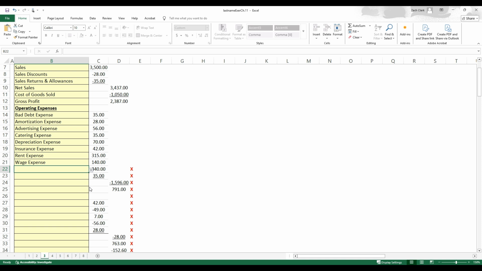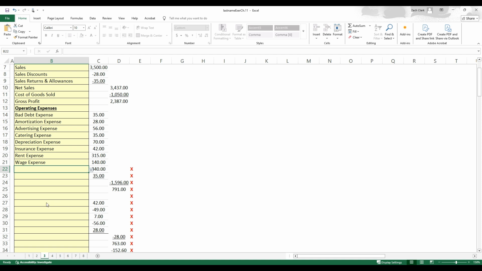in the other section. So let's see, what have we not accounted for yet? Catering expense, insurance expense. Interest expense will go in the other section as well. Loss on sale will go in the other section. Operating expenses, that was our selection at the top. So what is left? Let's see.